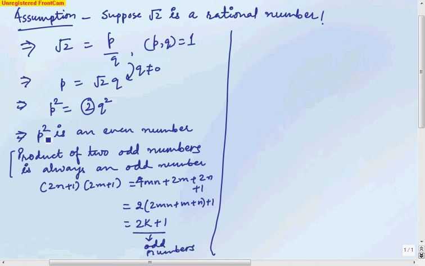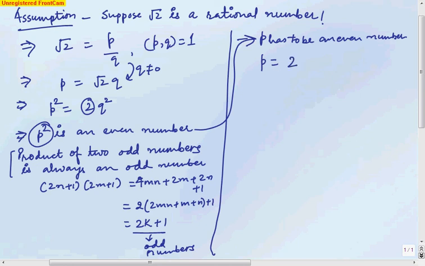So if you are saying that p square is an even number, it implies that p has to be an even number. Because if p is an odd number, then p square is going to be an odd number, but you are saying that p square is an even number, so it means that p is an even number. So hence I can write p as 2 times some integer, say z, right? So from equation 1 I have 4z square is equal to 2q square.